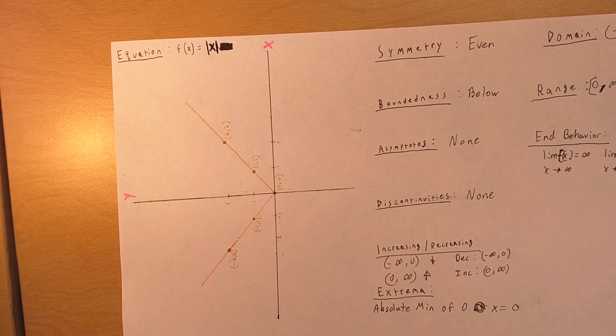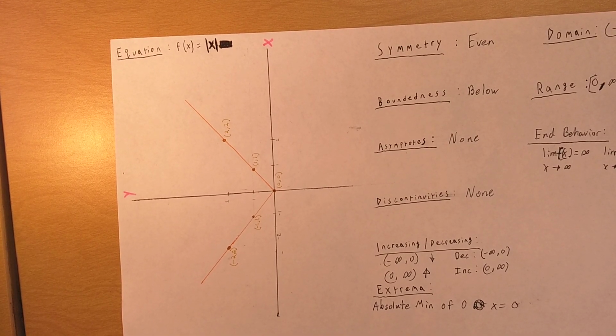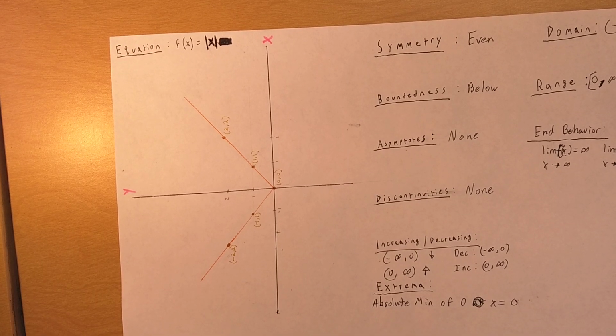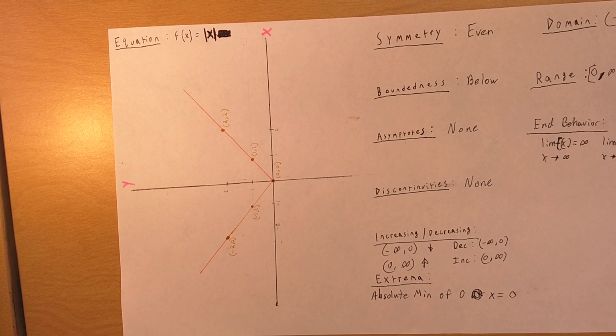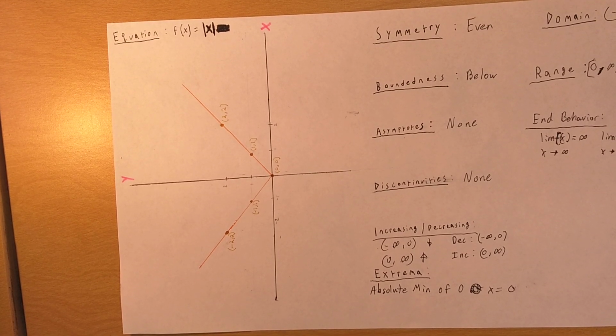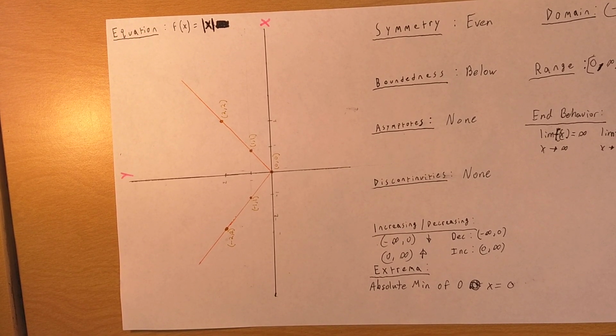It has an absolute minimum of 0 at x equals 0. The domain is from negative infinity to infinity, and its range is from 0 inclusive to infinity. Its end behavior is the limit of f of x as x approaches negative infinity equals infinity, and the limit of f of x as x approaches positive infinity equals positive infinity.